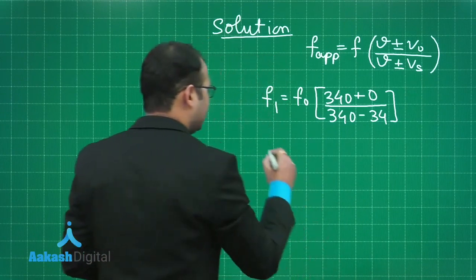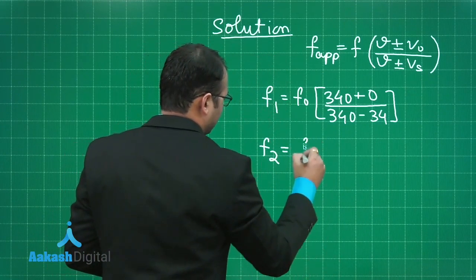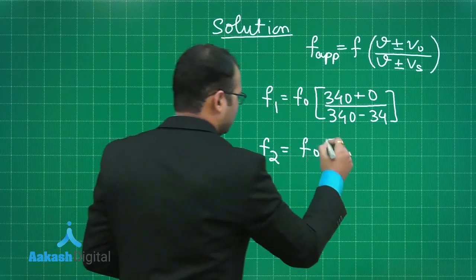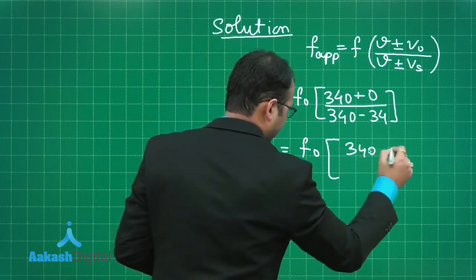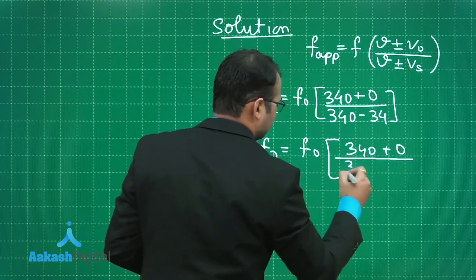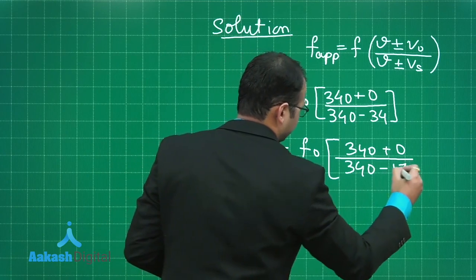Similarly, in the next case, f2, the original frequency would be f0. Again the observer is at rest, so it is 0, and this would be 340 minus 17.